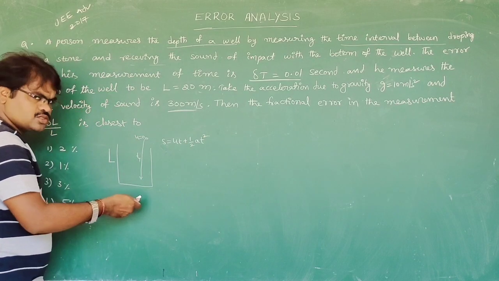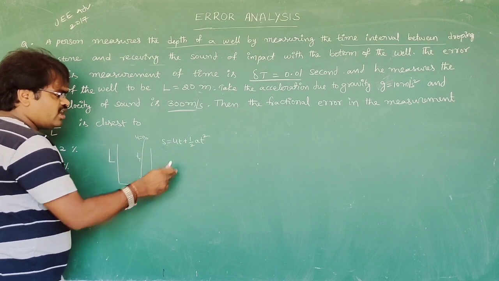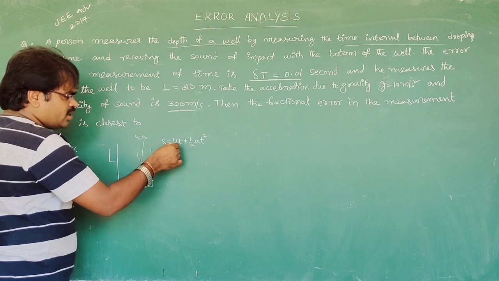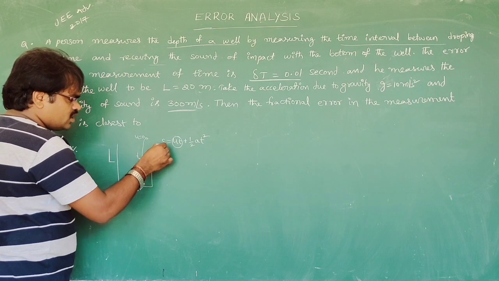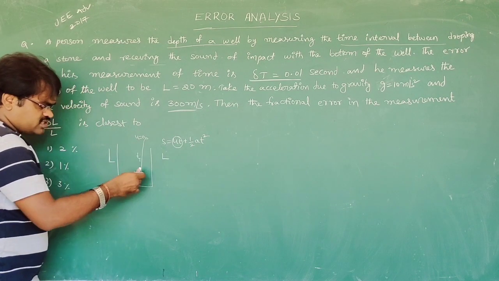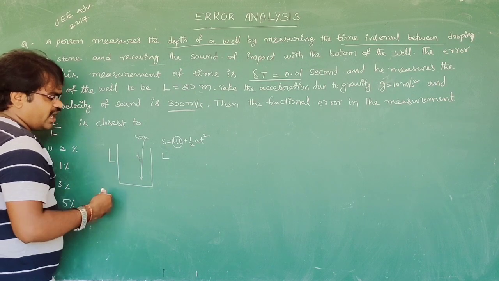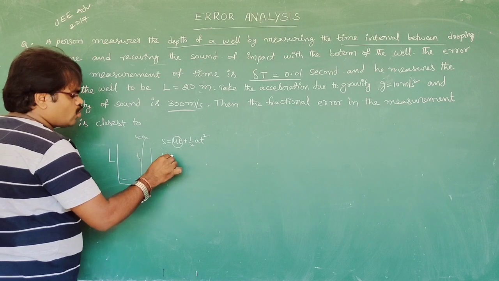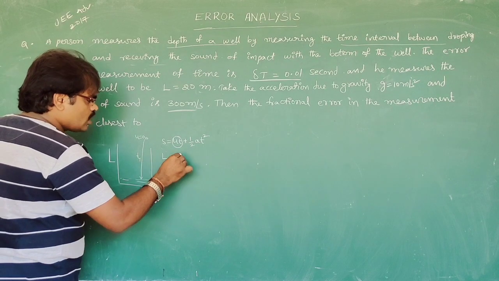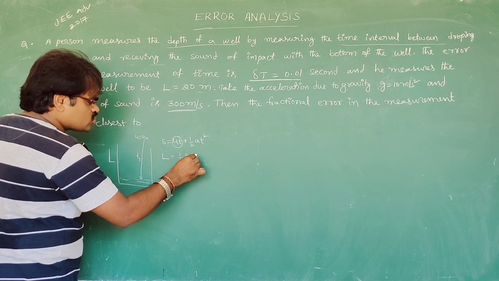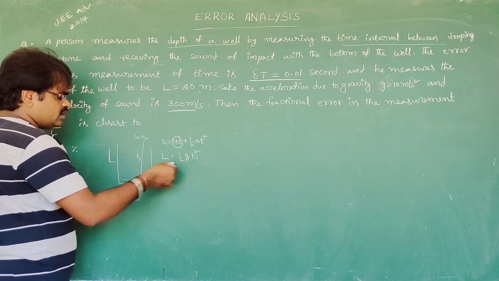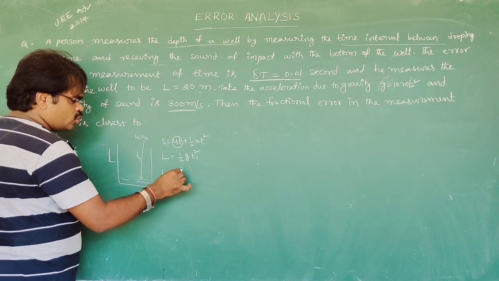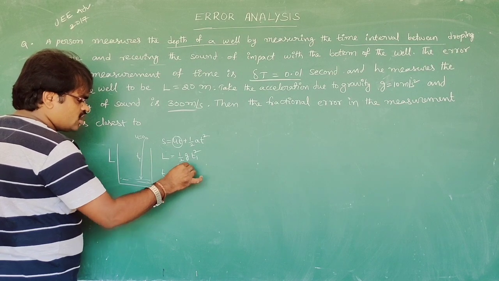The body is dropping downward, that's why a is equal to plus g. But initial velocity is 0. The distance traveled is the depth of the well, L, when it reaches the bottom. Then L is equal to half g t1 square. That is t1 is equal to root of 2L by g.